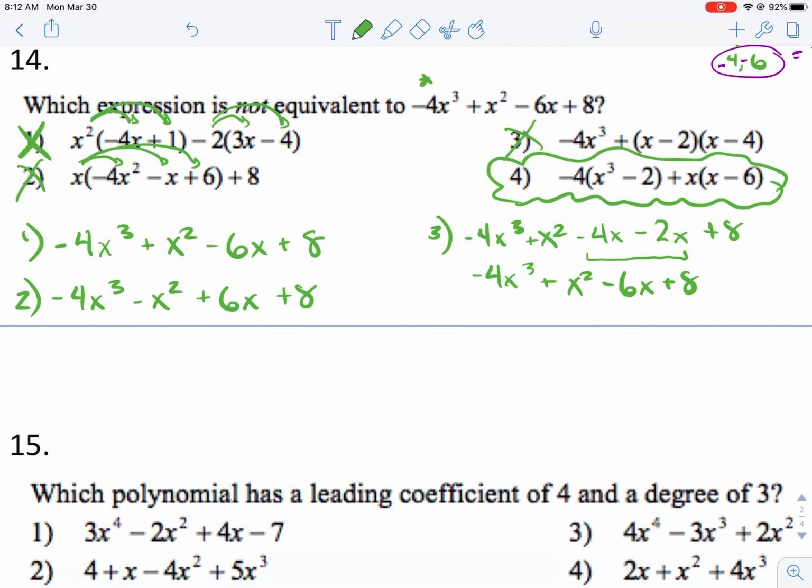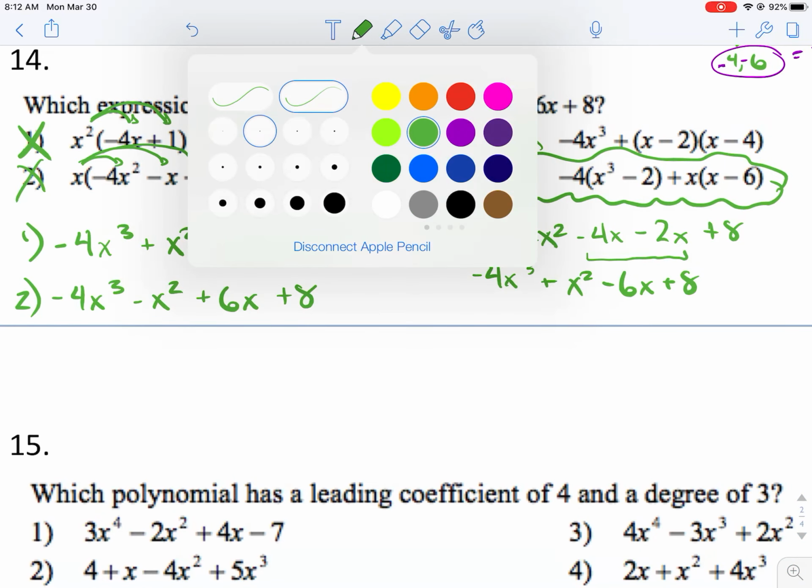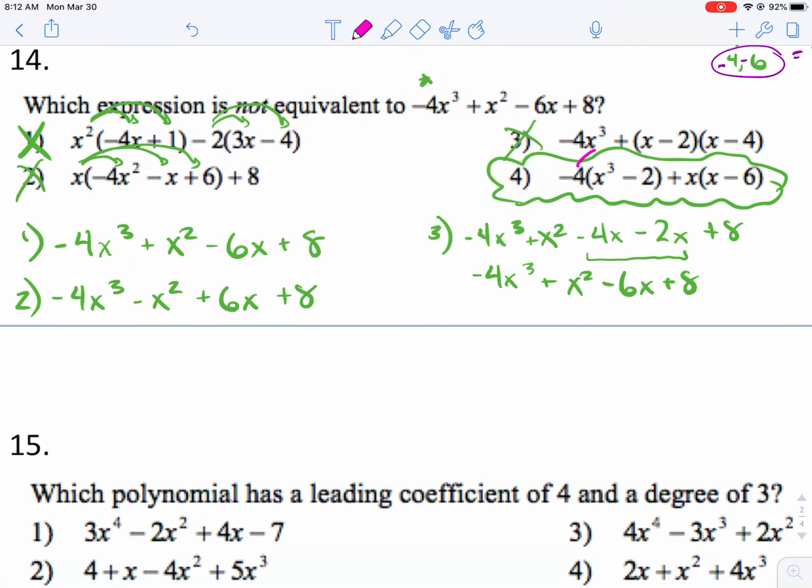I'm going to keep you guys waiting, hanging on the edge here. 4 is the answer.